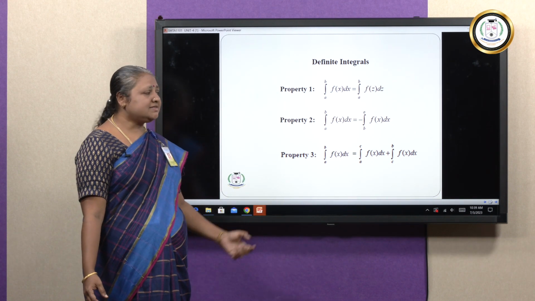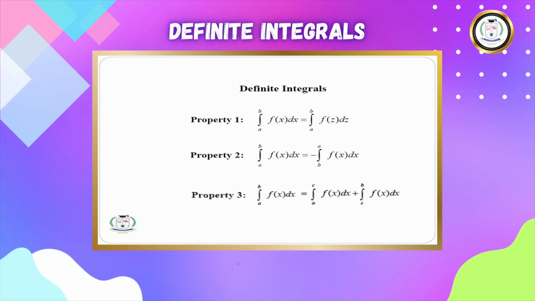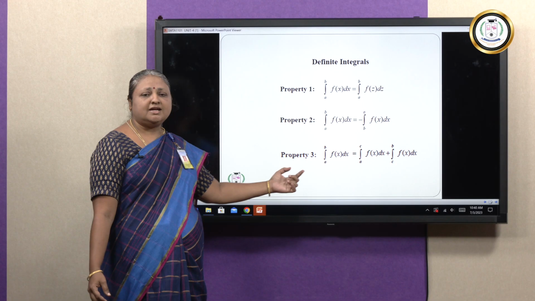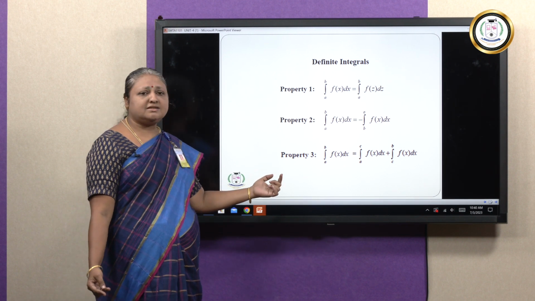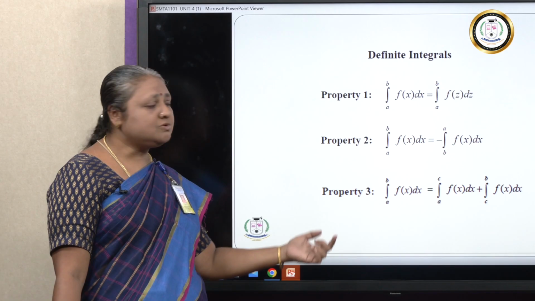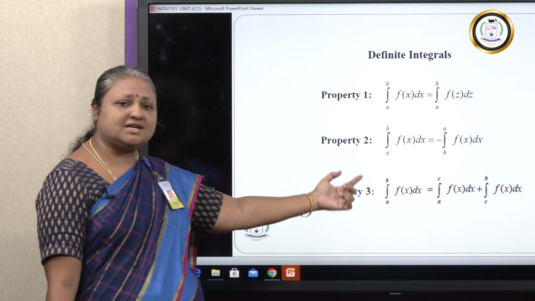The second property: integral a to b f of x dx is equal to minus integral b to a f of x dx. It shows that whenever you reverse the limits, we have one negative sign.